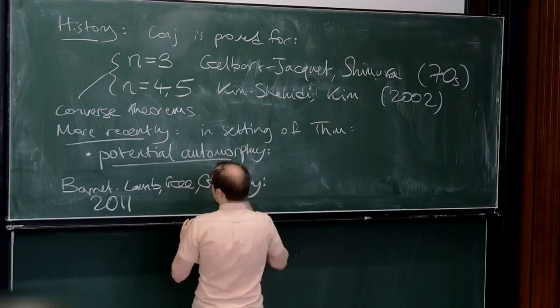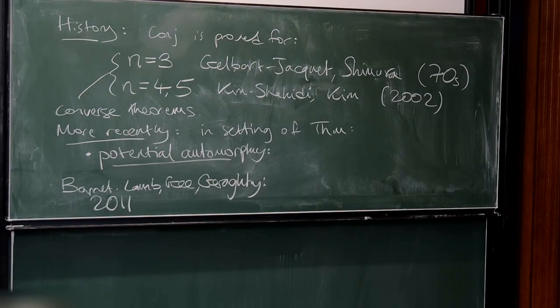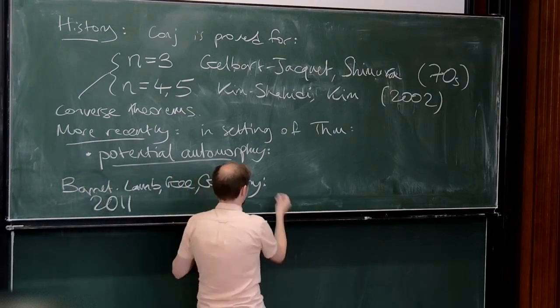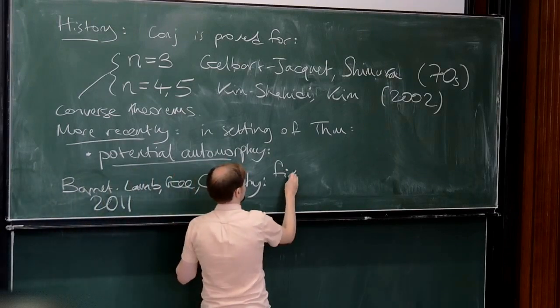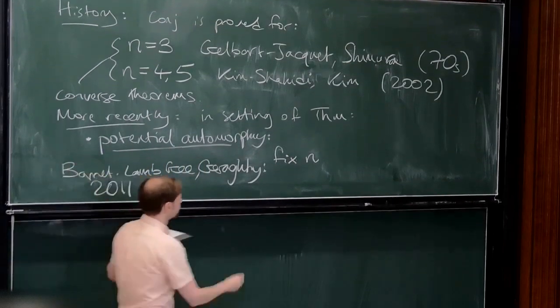And they proved that this symmetric power lifting exists at least over some auxiliary extension field. So we have to fix the n. We're going to look at the n minus first symmetric power lifting.